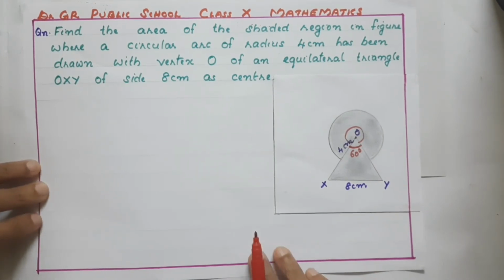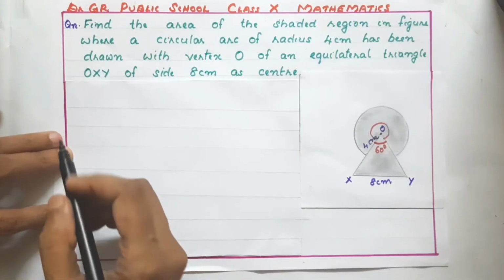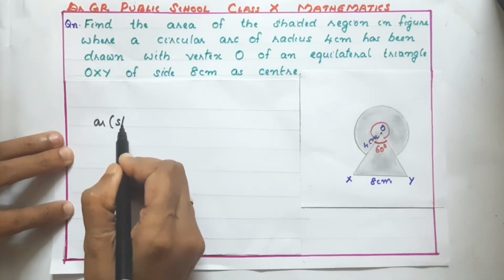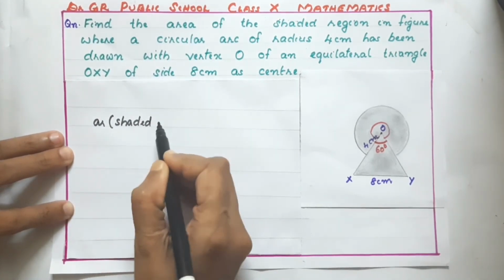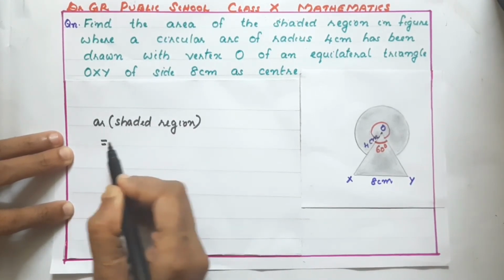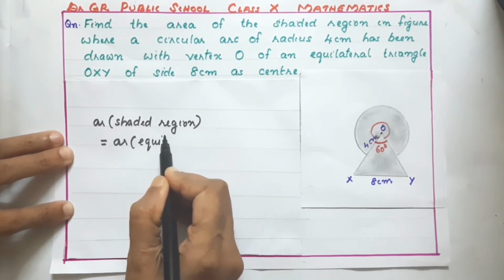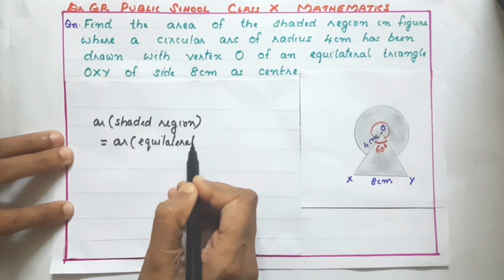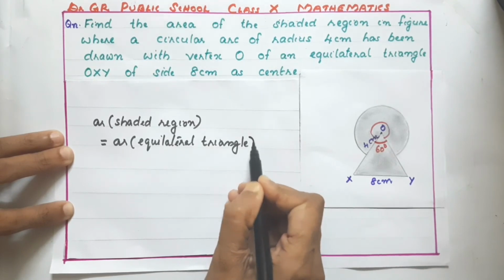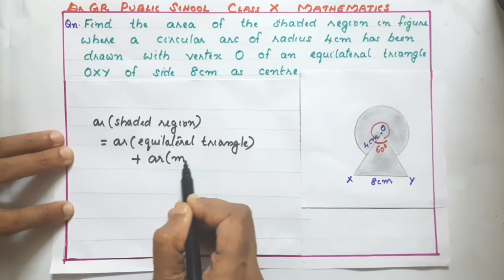Okay. Now we can find the area of the shaded region. Area of shaded region is equal to area of equilateral triangle plus area of major sector.